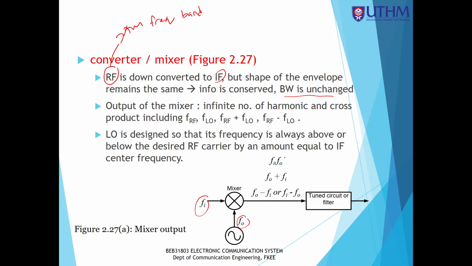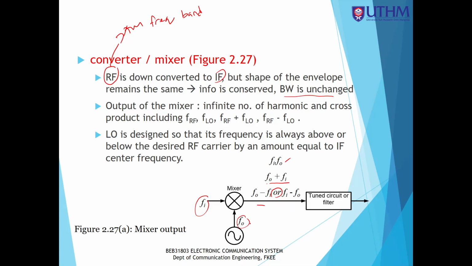The output here consists of Fi and Fo. Here is the upper sideband, and here is the lower sideband. The OR here means whichever gives you the positive frequency.